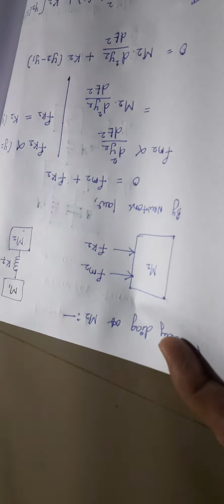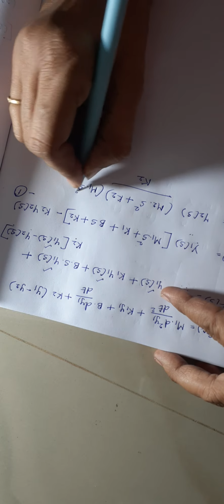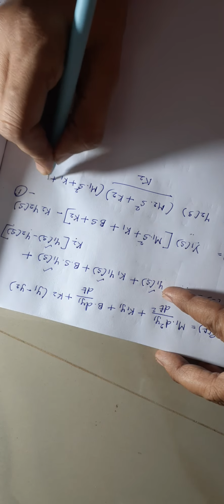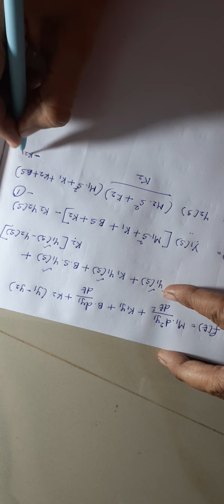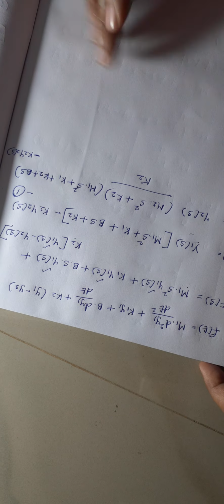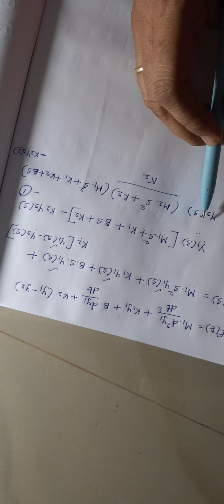So this equation becomes y2 of s into, instead of y1 of s, I have substituted this expression, and the remaining terms remain as such. So this becomes m1 s square plus k1 plus k2 plus bs, and this minus k2 into y2 of s. Here also you have y2 of s and here also y2 of s.